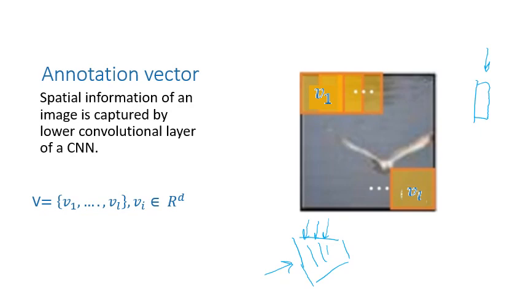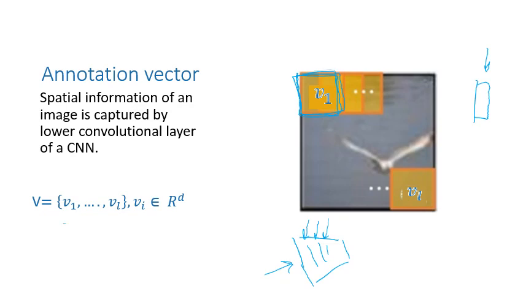This feature representation has spatial information, meaning it has information about different locations of the picture. So what we see in the feature space of the lower layers of the CNN represents this area of the image.